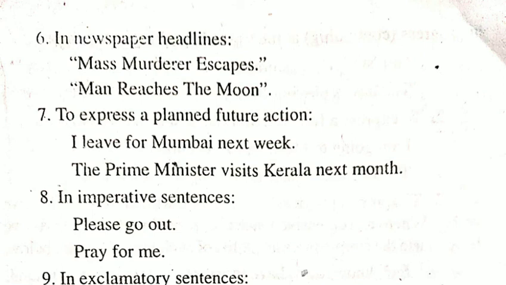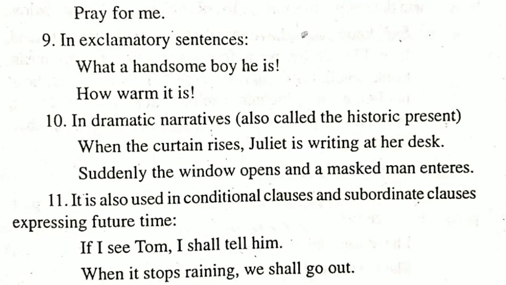Then the eighth one is in imperative sentences, like to suggest or to make an order, etc. Please go out. Pray for me. These are imperative sentences in which V1 is used. So we can see here do as the auxiliary in these imperative sentences. Then the ninth one is in exclamatory sentences.